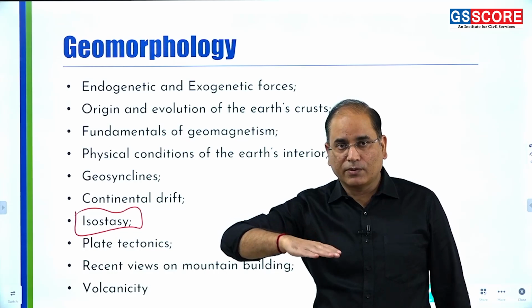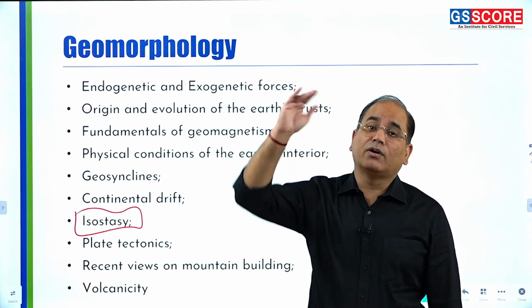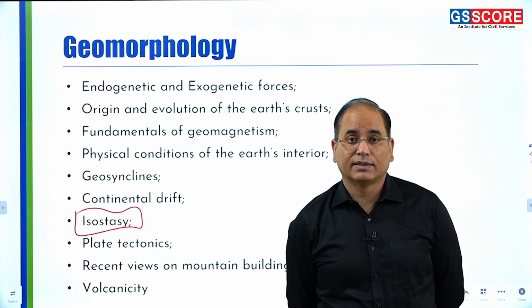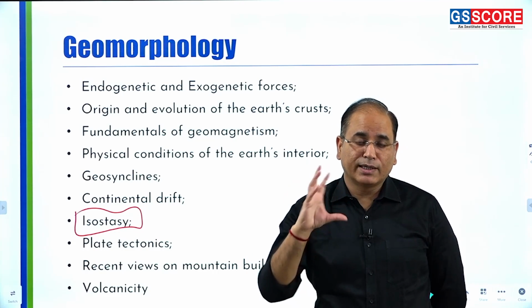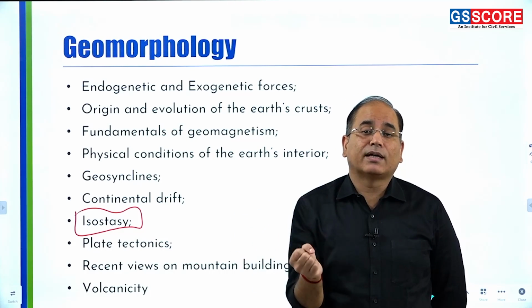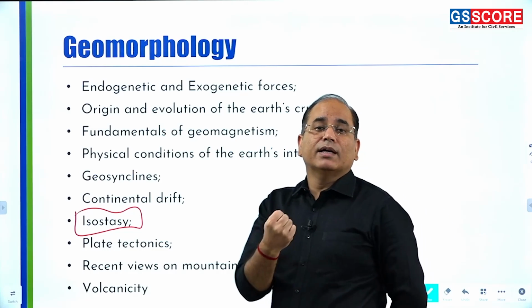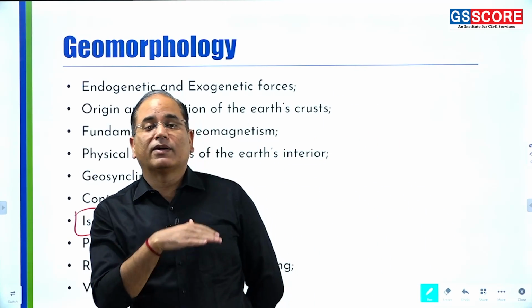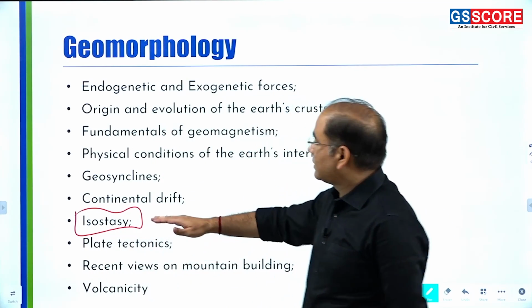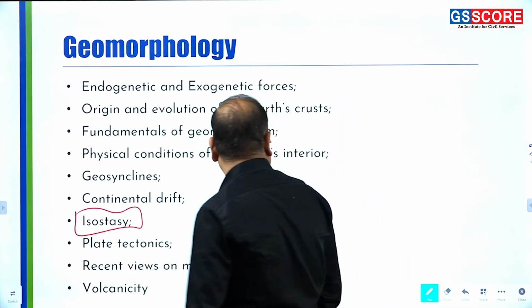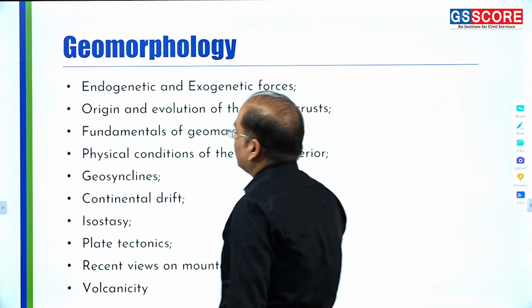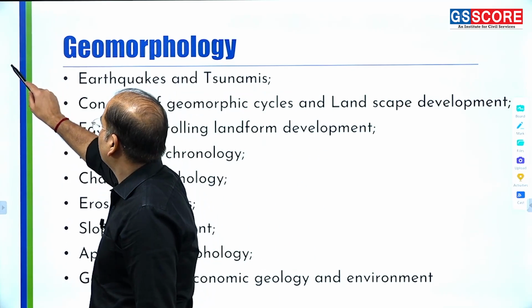Isostasy mainly talks about the balance, how tall structures like mountains, Mount Everest, whenever you think of that, the earth is continuously rotating and revolving, but the mountains are stable. So how the landform is stable on the earth's surface is discussed under this concept of isostasy. This is also one of the concepts that you are supposed to study. So these are the topics of geomorphology.